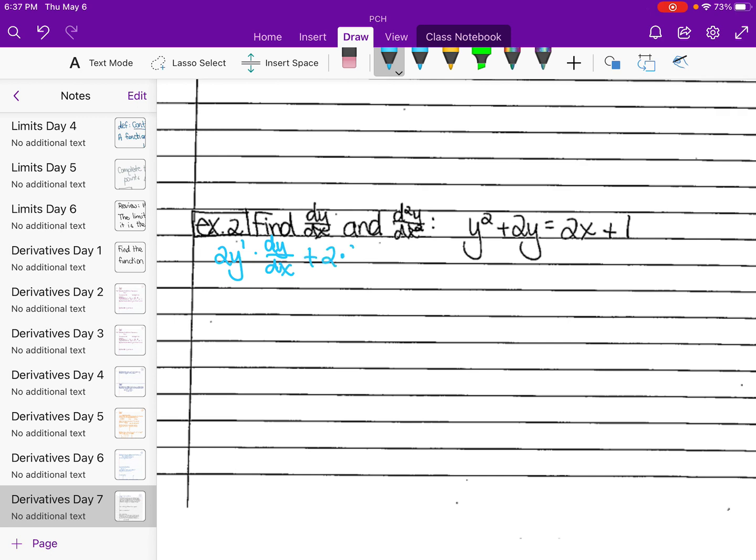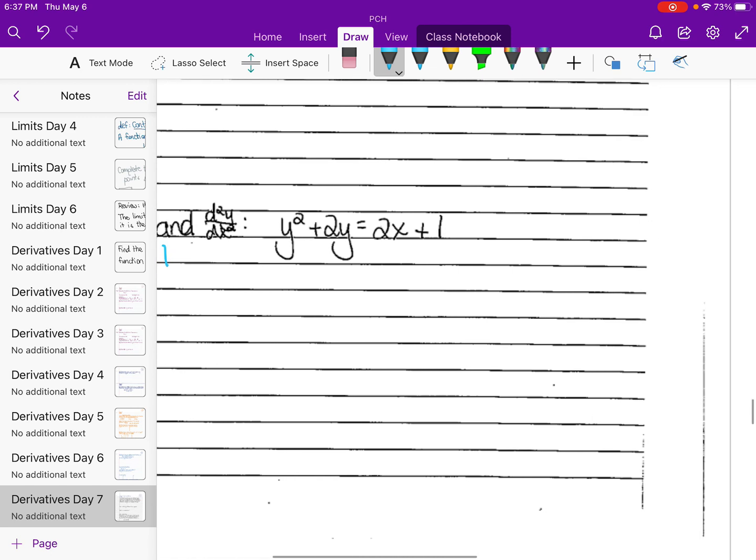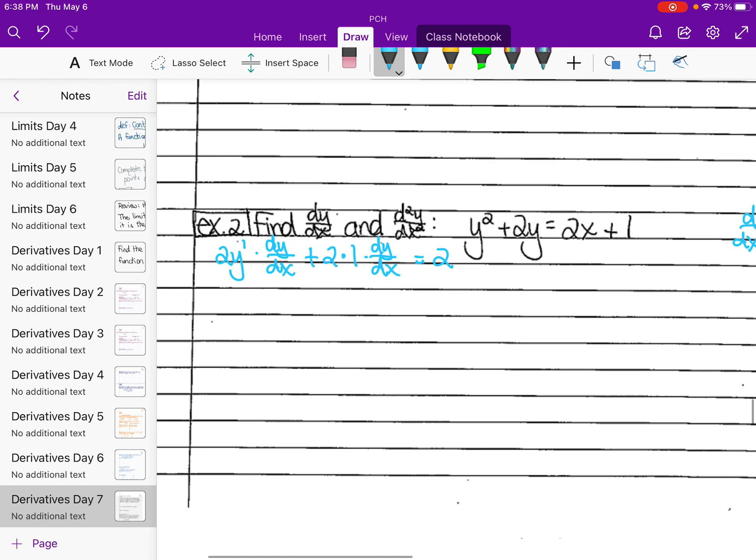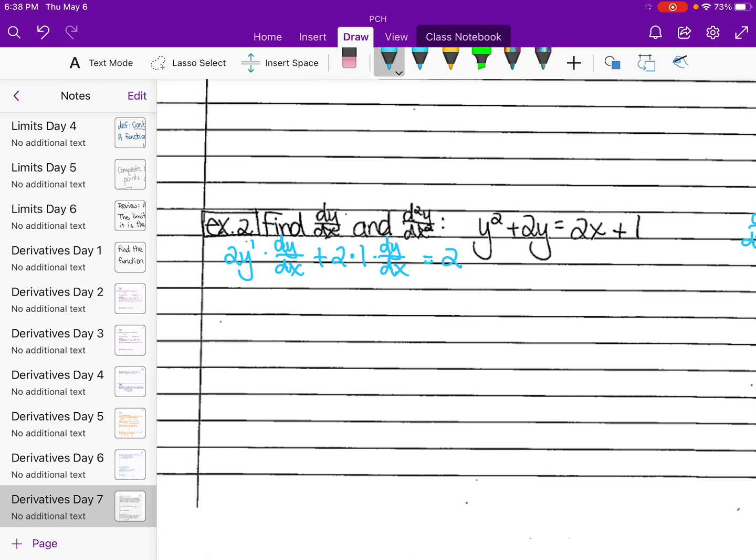Plus, that's basically power rule, right? If I think of it as y to the first and I'm taking the derivative of it, I move the power in front, decrease the power by 1, right? So that's power rule. The 2 is just hanging on for the ride. And then chain rule. This one doesn't involve a y, so I don't need dy dx. And then the derivative of 1 is just 0, right?